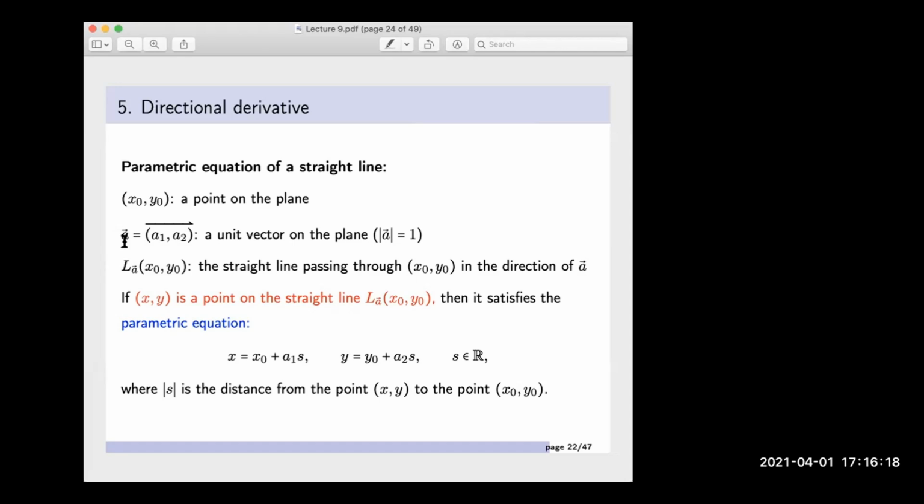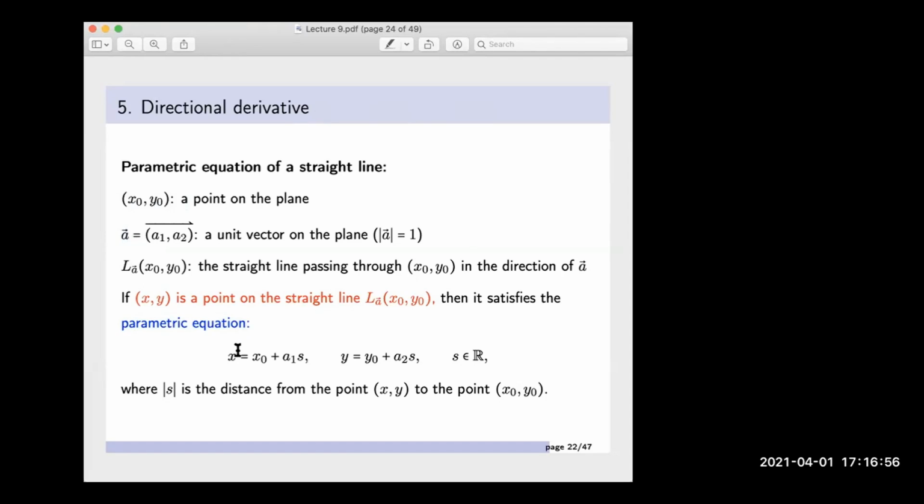When the point moves in this direction, it's actually on a straight line passing through a given point. For example, initially we have a point called x0, y0, and then we let this point move in the direction of a. The new point would be on the straight line passing through this point in this direction. A straight line passing through a given point in a given direction can be described by a parametric equation.